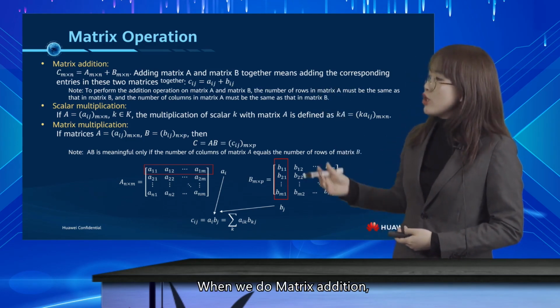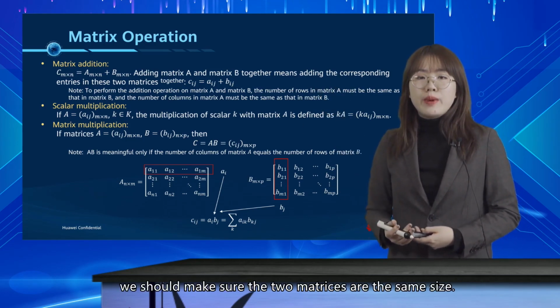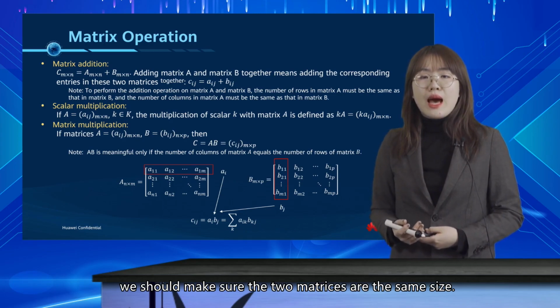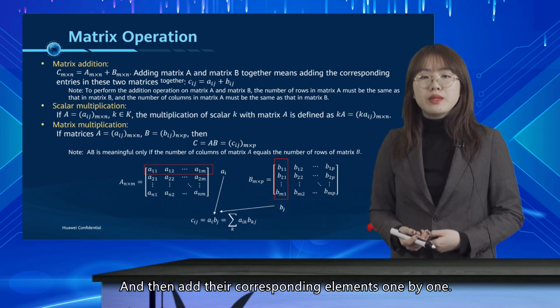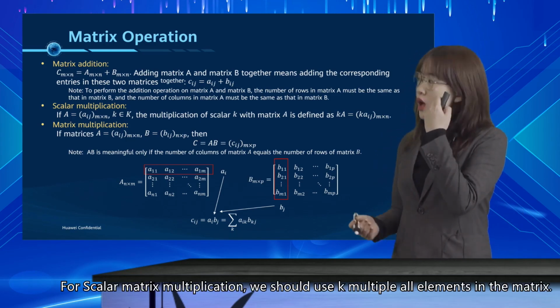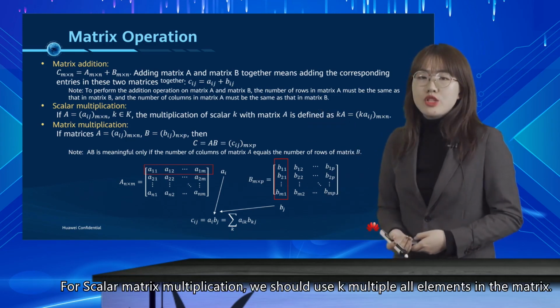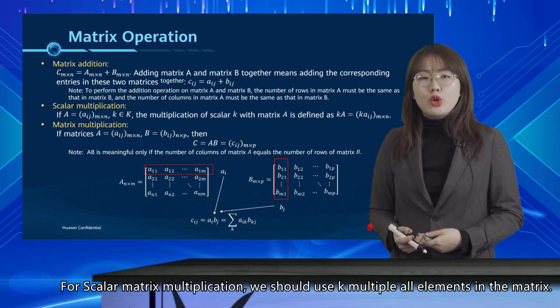When we do matrix addition, we need to make sure the two matrices are the same size, and then add their corresponding elements one by one. For scalar multiplication, we multiply k by all the elements in the matrix.